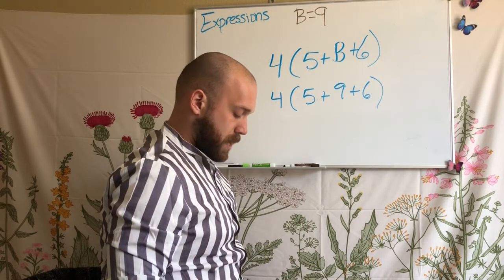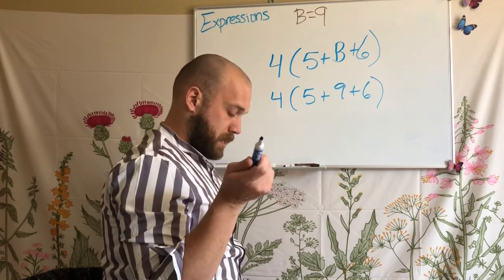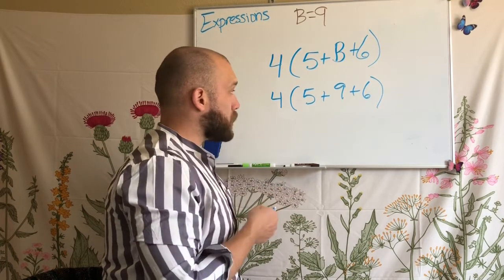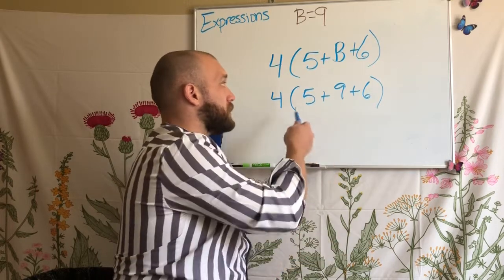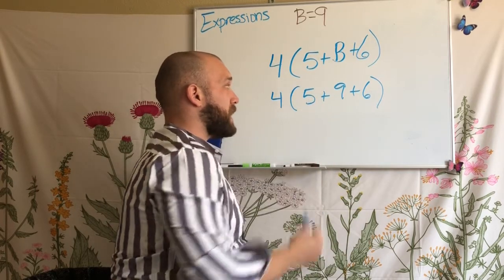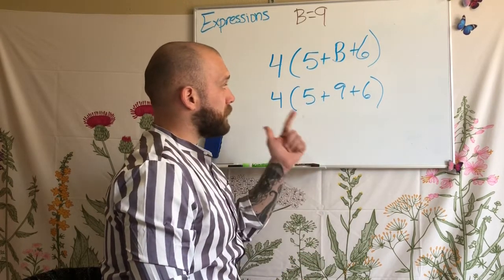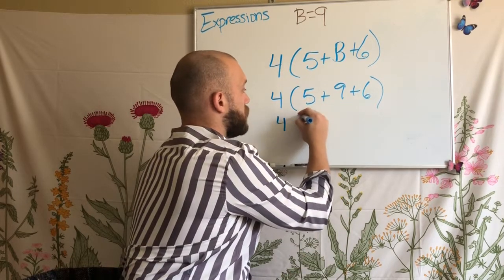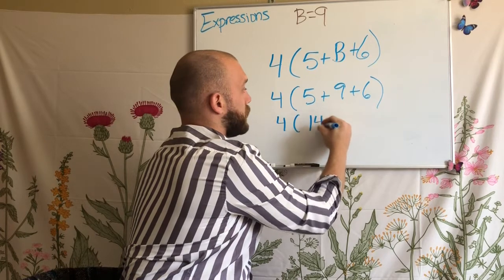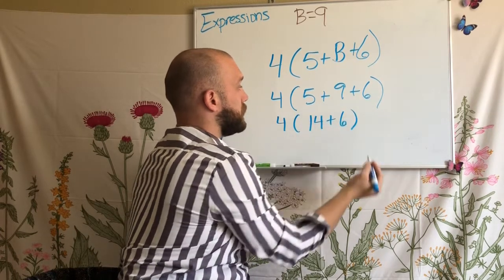So we have our new problem. 4 times the quantity 5 plus 9 plus 6. What's 5 plus 9? 9, 10, 11, 12, 13, 14. So I have 4 times the quantity of 14 plus 6.